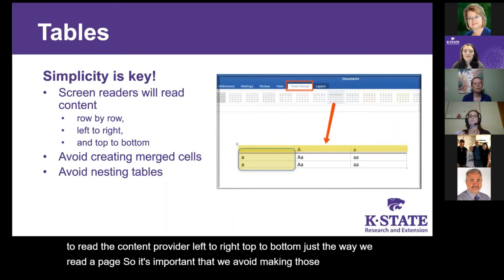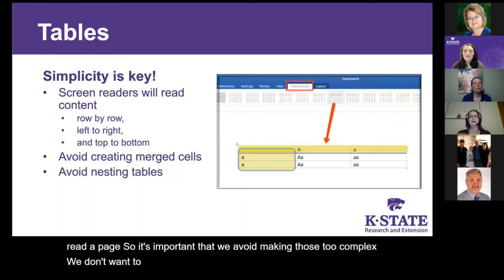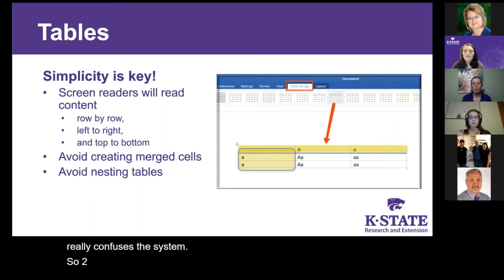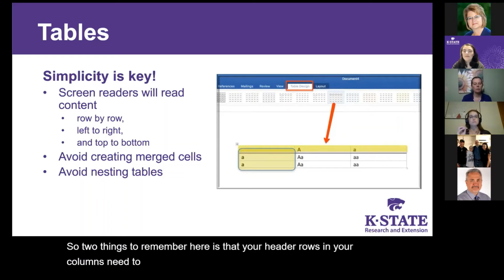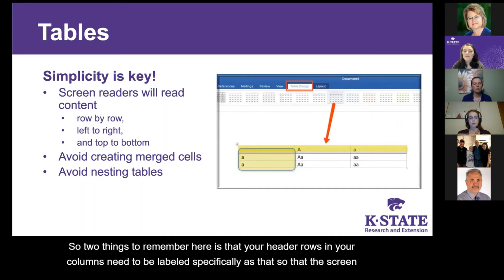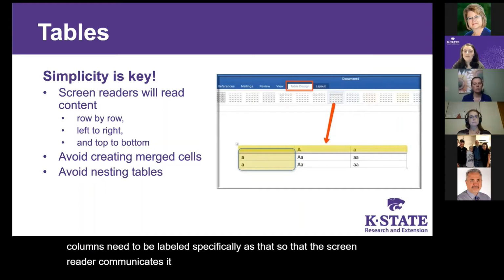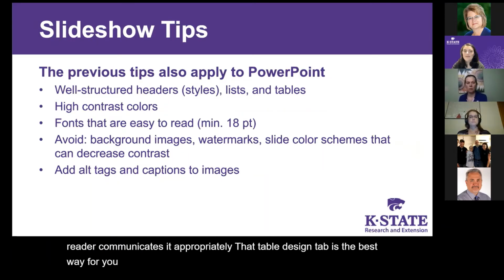We don't want to merge cells or nest tables because that really confuses the system. So two things to remember here is that your header rows and your columns need to be labeled specifically as that so that the screen reader communicates it appropriately. That table design tab is the best way for you to go.